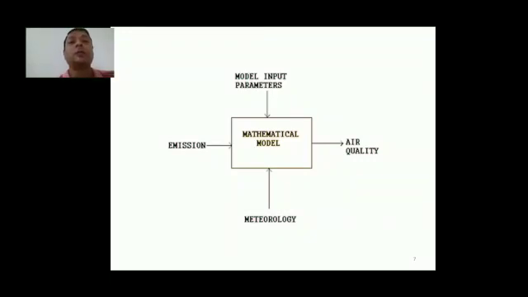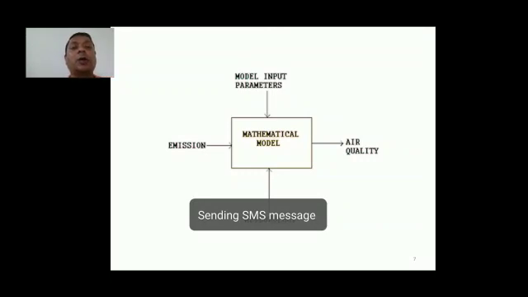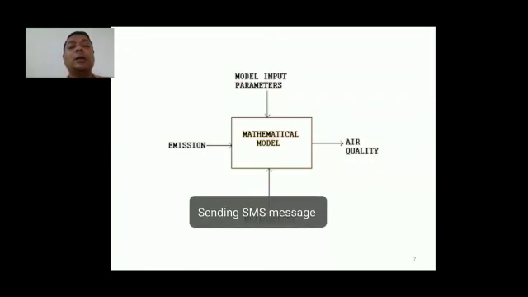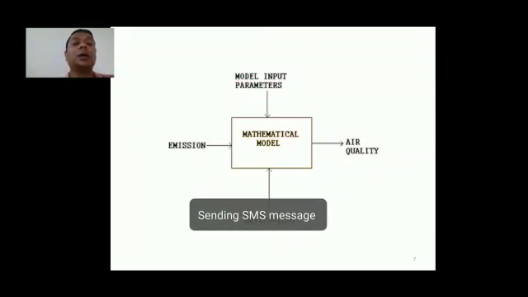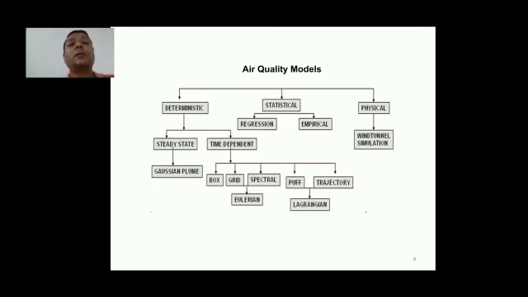So this is a mathematical model. Here there are some model input parameters, emission data, and meteorological parameters as input, and finally we get the air quality from the analysis in this mathematical model. There are different types of air quality models available: deterministic, statistical, and physical.